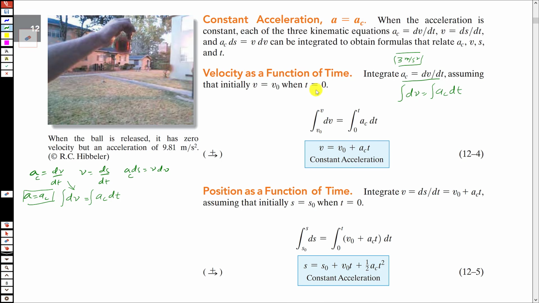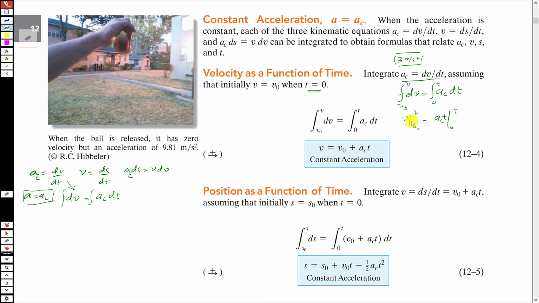Let's say it is given in the problem that at time t equals 0 the initial velocity is v naught, and the final velocity is v at final time t. When we integrate, dv gives v from v naught to v, and since ac is constant, it comes out of the integration, giving ac t from 0 to t.